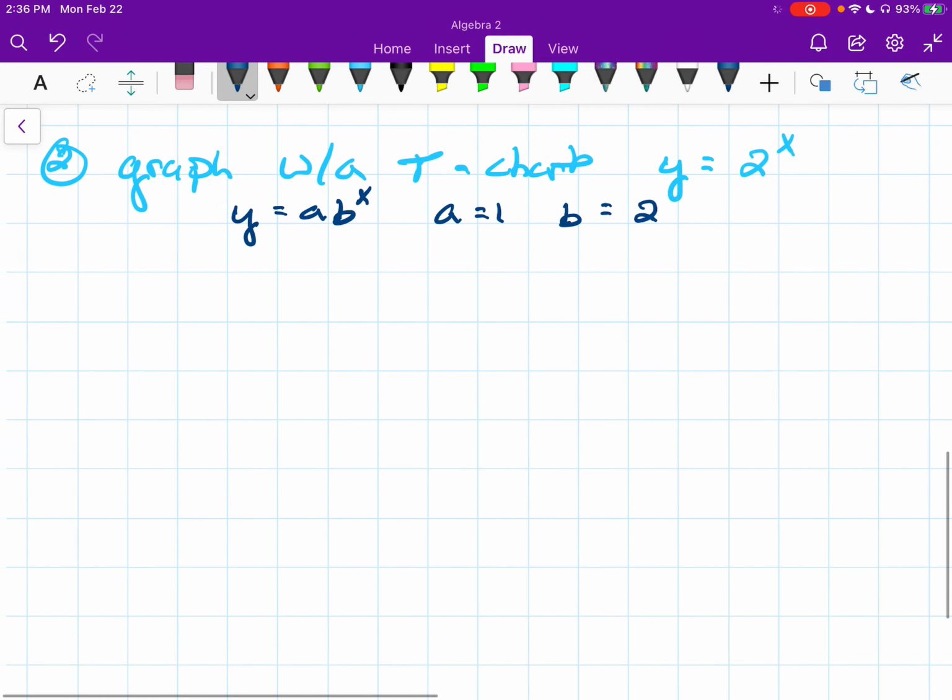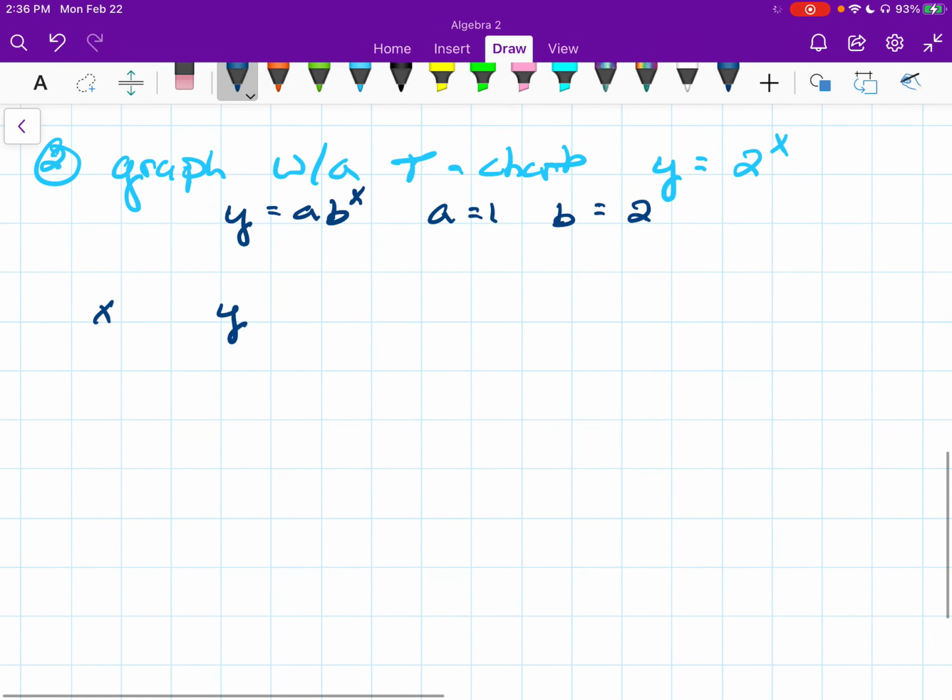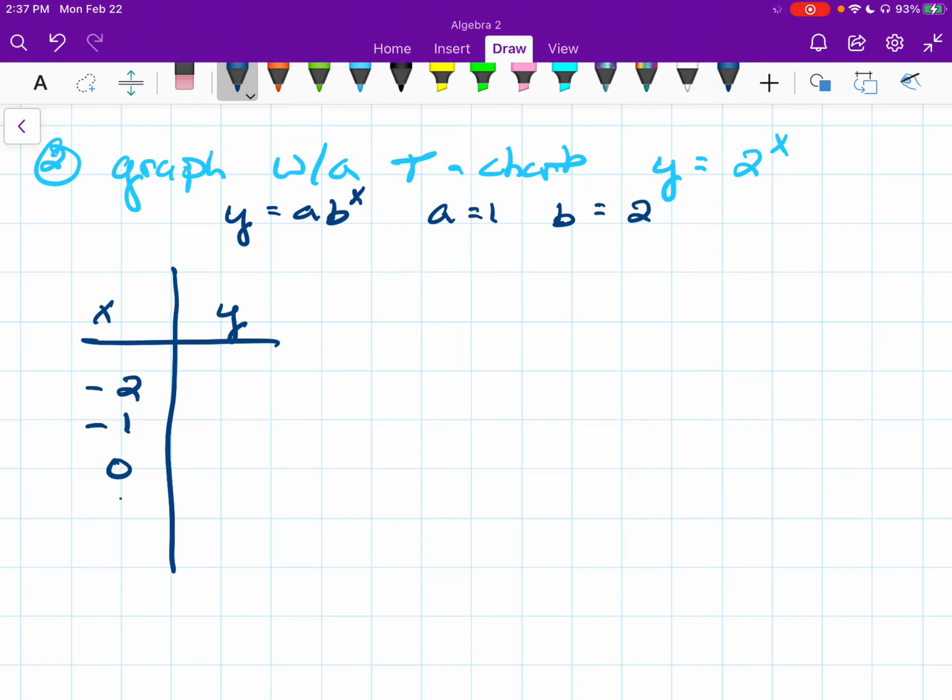Now for our xy chart, xy table, whatever we want to call it, let's start off at like -2. Say -2, -1, 0, 1, 2, 3.